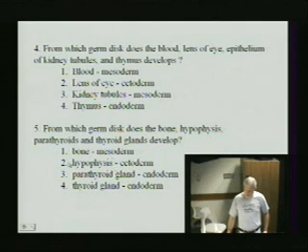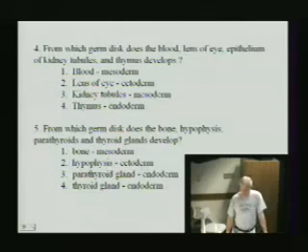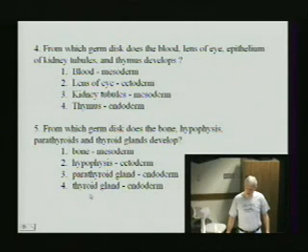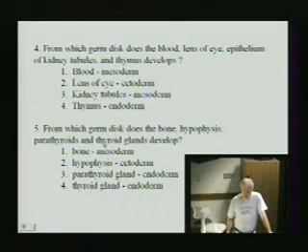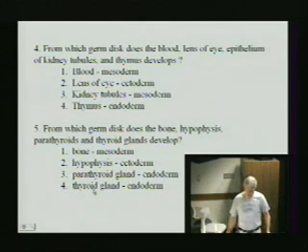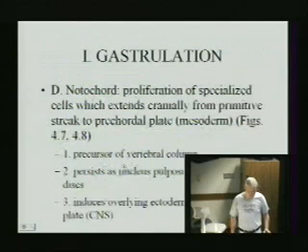Hypophysis, which is the pituitary gland, comes from the ectoderm. The parathyroid gland from the endoderm. The thyroid gland also from the endoderm. So you have to imagine how these can be converted into questions. Which of the two following adult structures are derivatives of endoderm? So it'd have to be parathyroid and thyroid gland for that particular question.